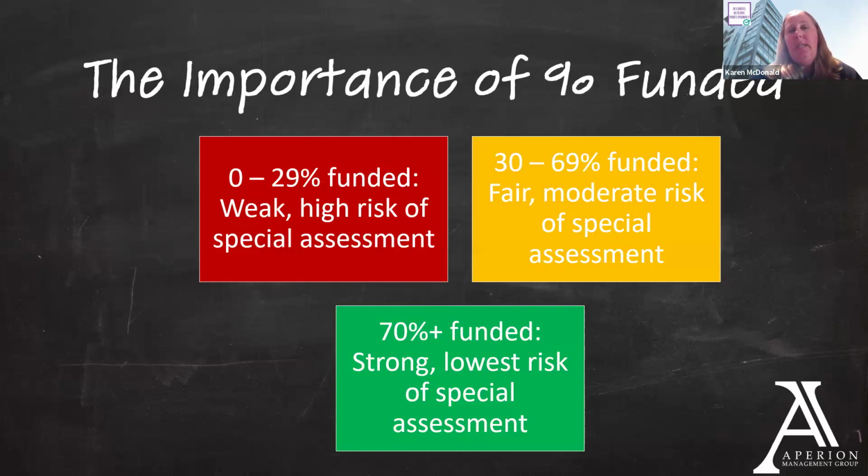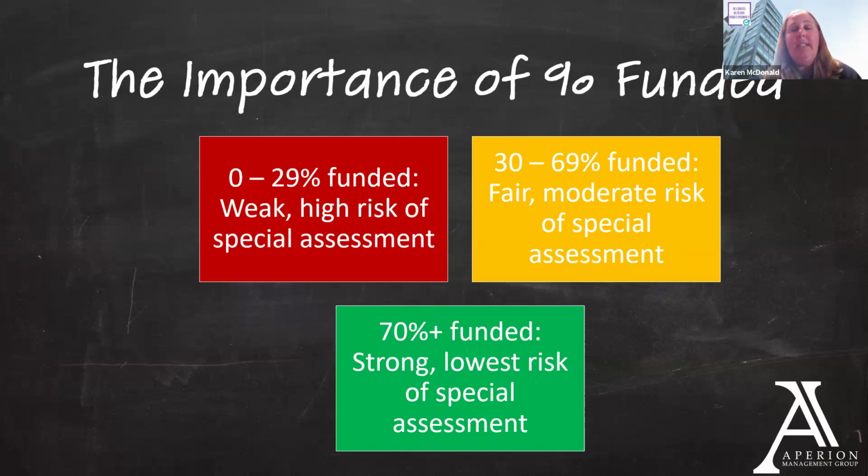So if your association is 0 to 29% funded, it is considered to be weakly funded, and it has a high risk of a special assessment. If your association is 30 to 69% funded, you're considered fairly funded, and you have a moderate risk of a special assessment. And if your association is 70% or more funded, you are strongly funded and you have the lowest risk of a special assessment.